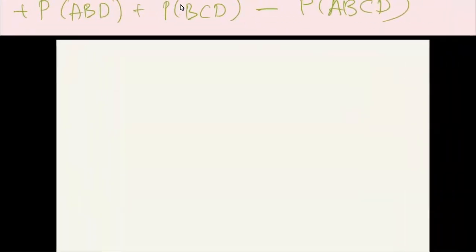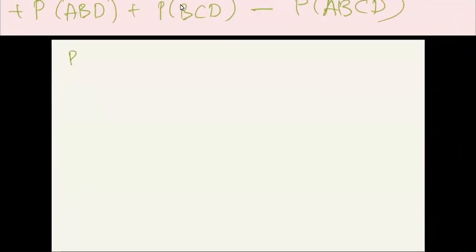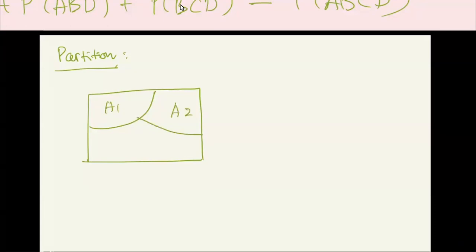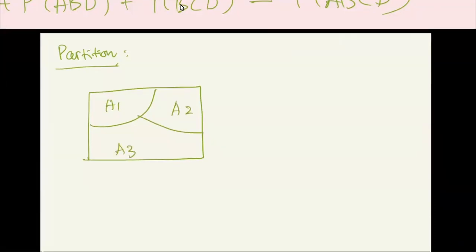Next one I want to talk about is the concept of partition. Let's say you have three sets, A1, A2, and A3. If the three sets look like this, we say that A1, A2, A3 form a partition of the sample space.